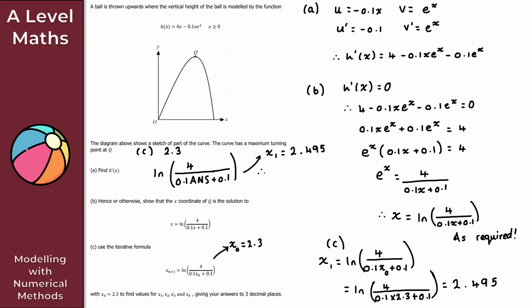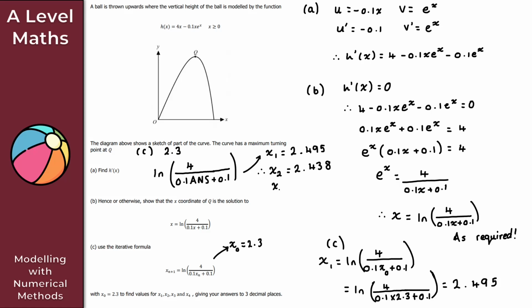So x2 here, if we press enter, hopefully what you'll see now on your calculator display is 2.437558386. Running this to 3 decimal places, we get 2.438. We also need x3 and x4, so let's continue.